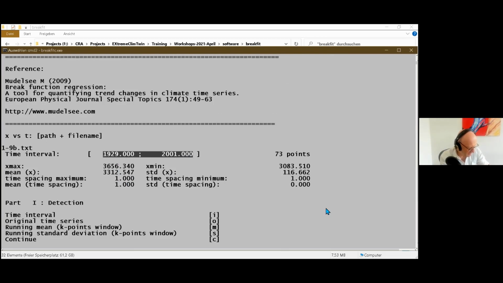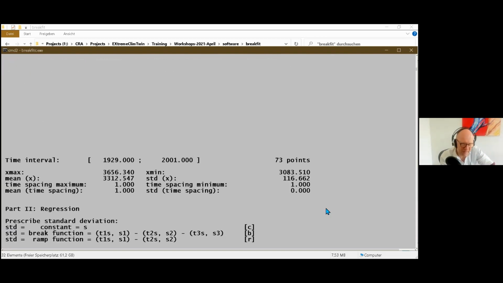Okay, now I will press Z to continue. Z and enter. And we come to the next field, regression. And you see that you have three options to do the weighting for the time-dependent variability function.